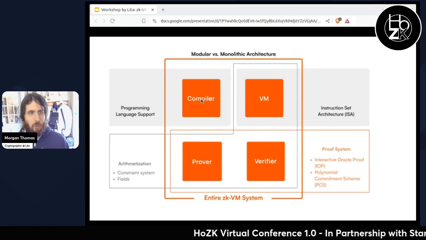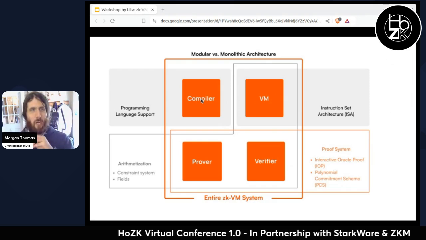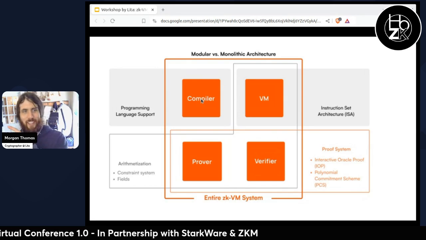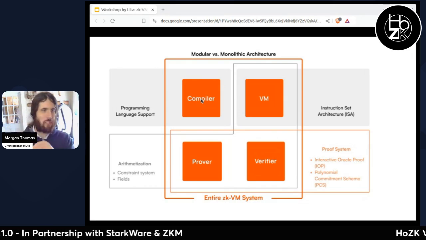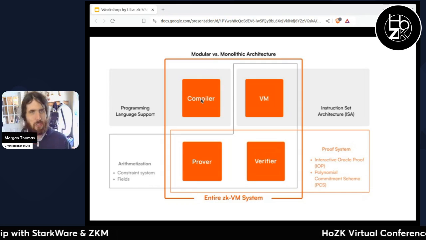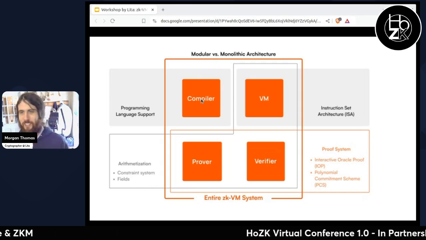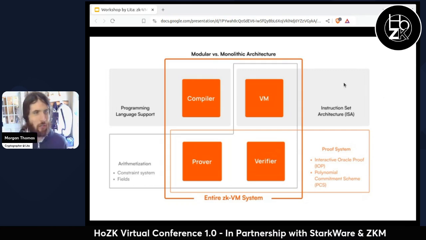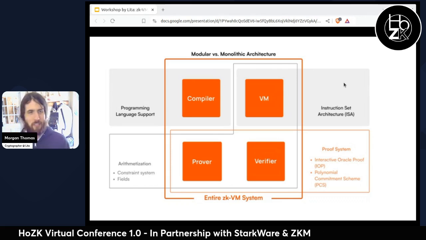So also, we should throw in here the problem you're trying to solve, because the problem you're trying to solve is going to affect what kind of instruction set architecture would allow you to most efficiently implement a solution. And so that's where the modular architecture for the VM comes in.